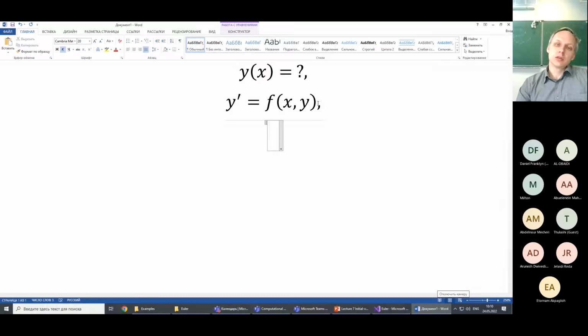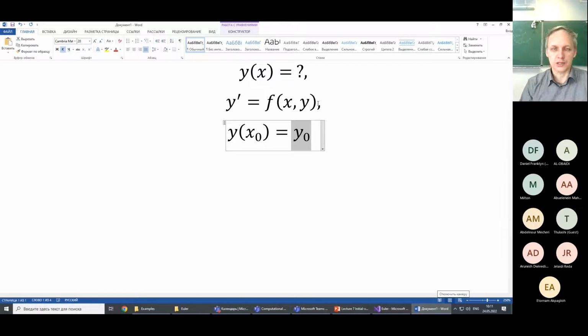And to fix the one solution from the general set of solutions, we should know the initial condition y of x0 equals y0. x0 and y0 are known values.